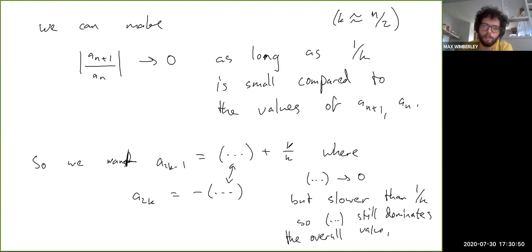Even though 1 over k is very small relative to the overall values of a_{2k-1} and a_{2k}, I guess. Does that help?